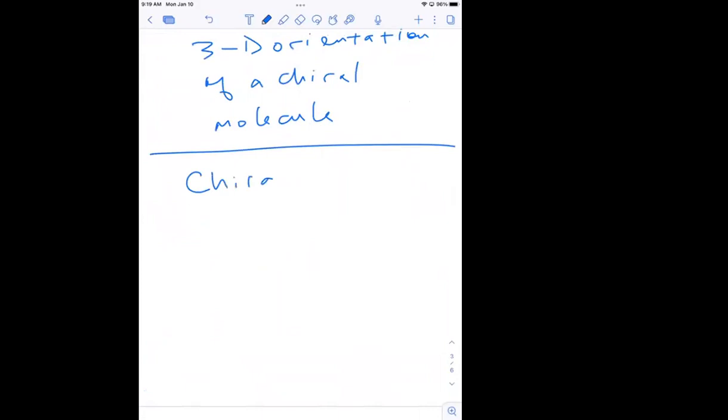It arises from a molecule containing a carbon or a chiral center that has four different substituents. It's non-symmetrical, and it has sp3 hybridization.